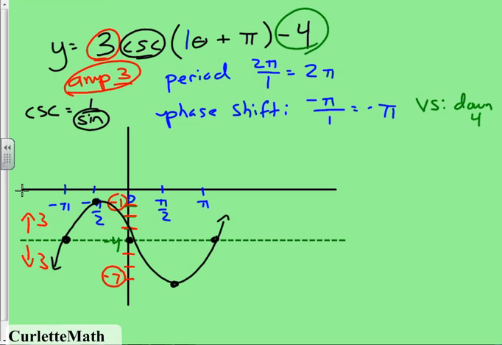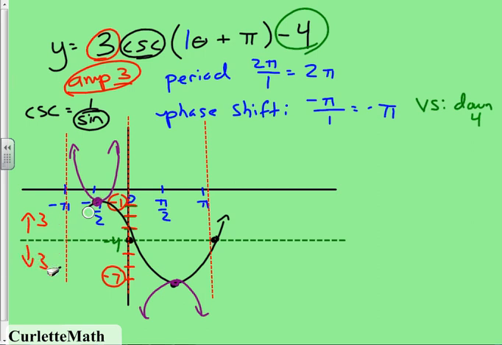Now, everywhere that the sine function hits the midline, I draw in my asymptotes. Then I take and make my parabolas. Lastly, I need to erase away my outline of my sine function, and I am finished.